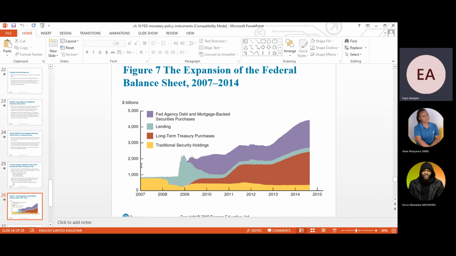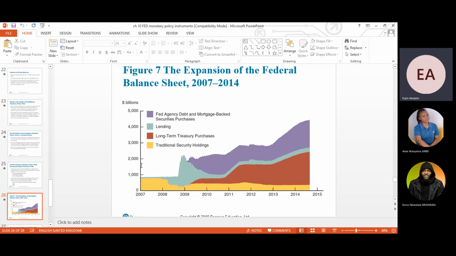The traditional security holdings are shown in yellow, or so-called light brown, and long-term treasury purchases are represented with the dark brown. The lending is represented with light blue, and the Fed agency debt and mortgage-backed security programs are represented with the heavier blue, or some purple color.